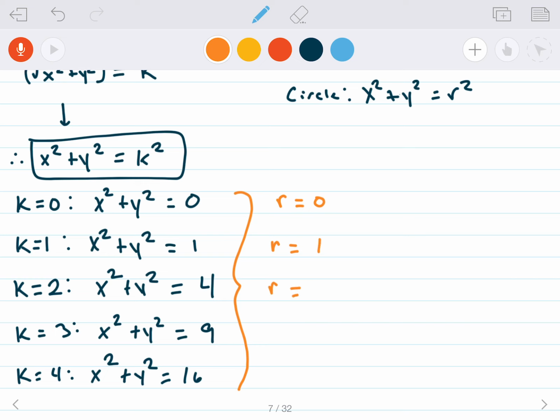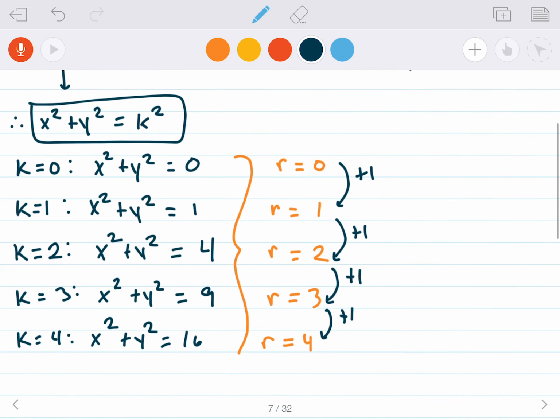This is a circle with radius 2, because r squared has to equal 4, and the square root of 4 is 2. This guy is a circle with radius 3, and this guy is a circle with radius 4. Now this is different from the previous example, because the radius is going up by a constant amount, namely 1. From 0 to 1, from 1 to 2, from 2 to 3, we're going up by 1.